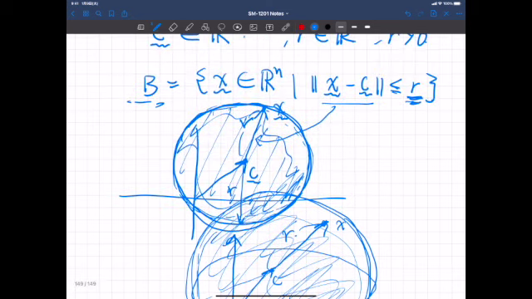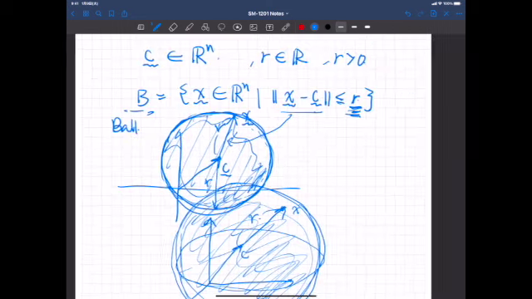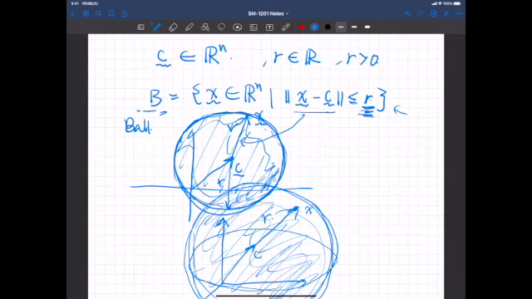So that is less than or equal to R. And we call this the ball centered at C with radius R. And this set becomes very important when we study higher dimensional integrals.